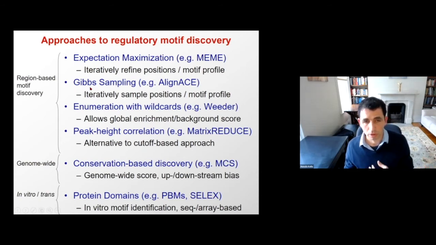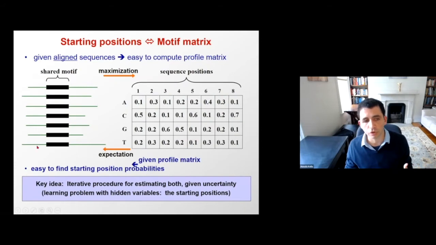For example, Gibbs sampling is another approach very similar to expectation maximization, only instead of integrating over all of the occurrences of the motif, it basically says, I'm just going to sample from the posterior probability distribution of every starting position. So you can imagine every index position of your sequence having some probability of starting.